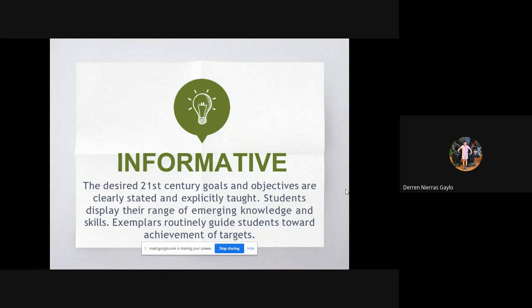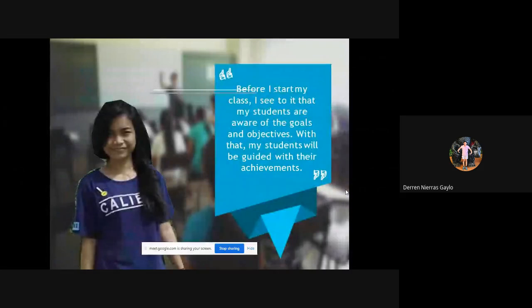So let's try to look into this using an example. Based on this one, it's more on giving clear objectives, or before we start our class, we will give the students the objectives of the lesson for the day so that they will be guided. Okay, this is the example.